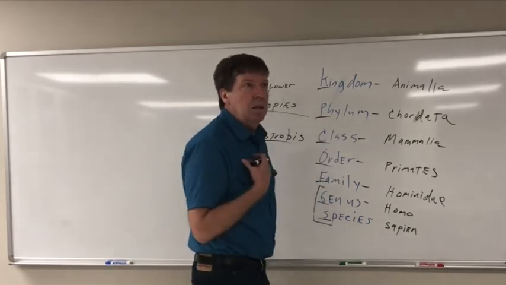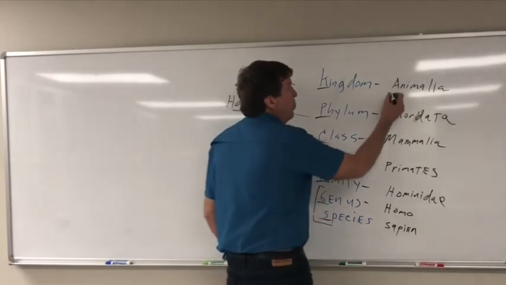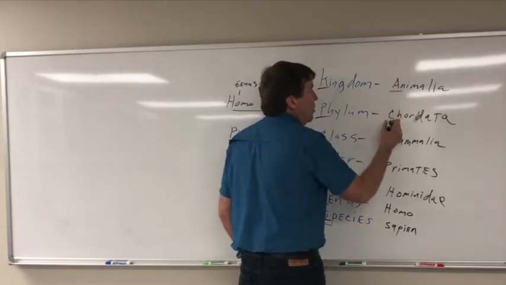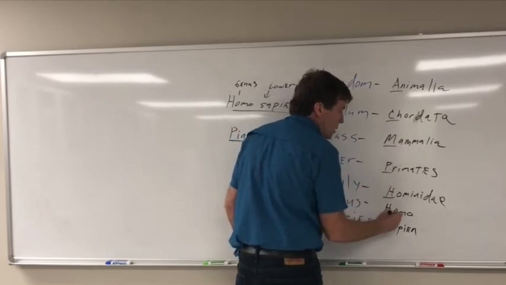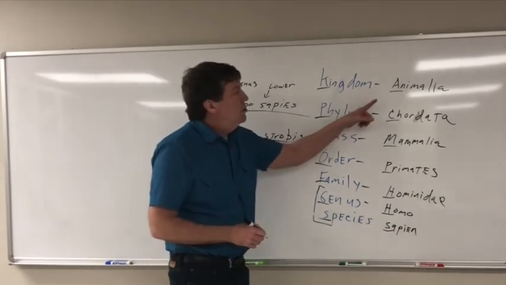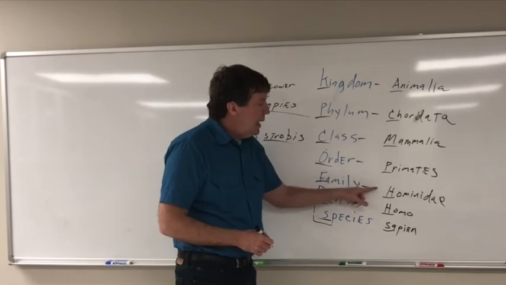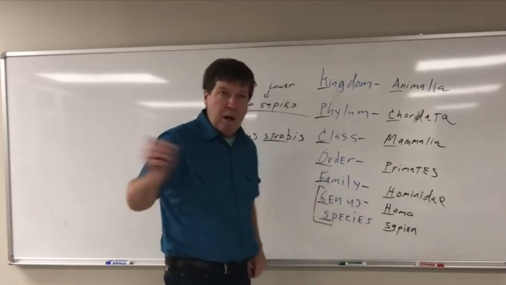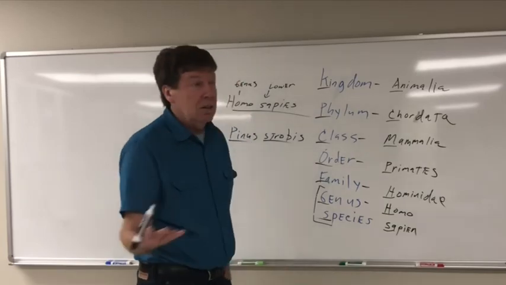I've got my own little mnemonic device for this. But what you can do is come up with your own little sentence that begins with A, then the next word is C, M, P, H, H, and S. Write it, and it's amazing how effective these sort of things can be.